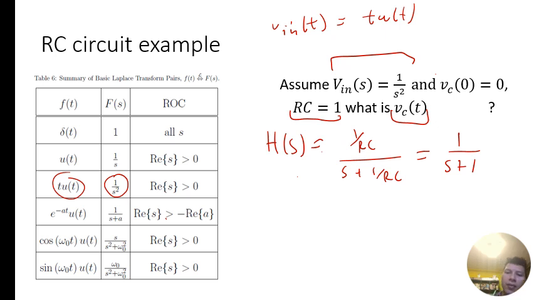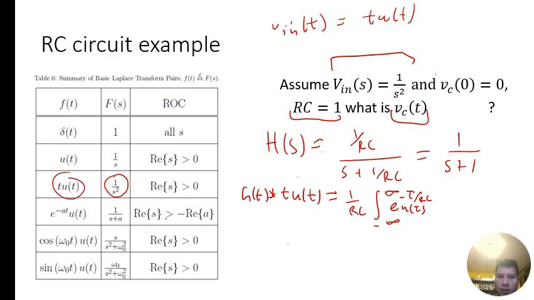So we could either convolve h(t) with t u(t), which would require us to solve this integral: 1 over RC, the integral from negative infinity to infinity of e to the negative tau over RC, u(tau), times (t minus tau) u(t minus tau) d tau.